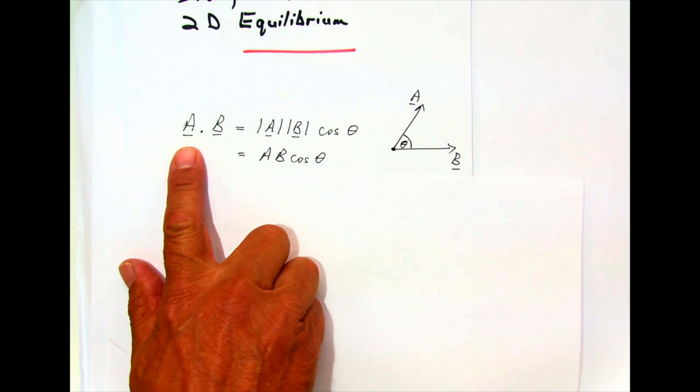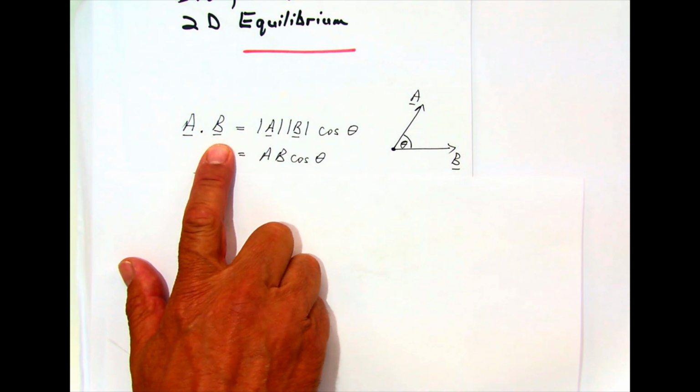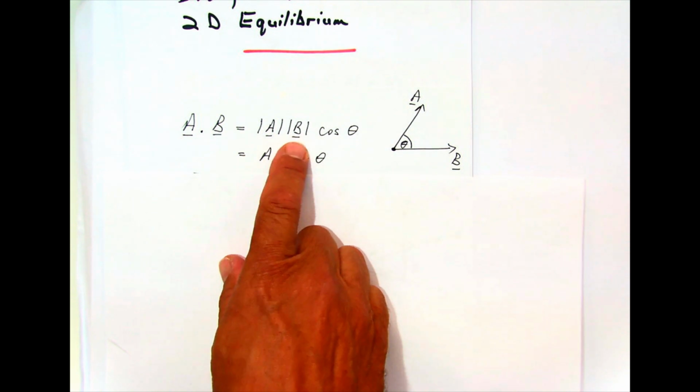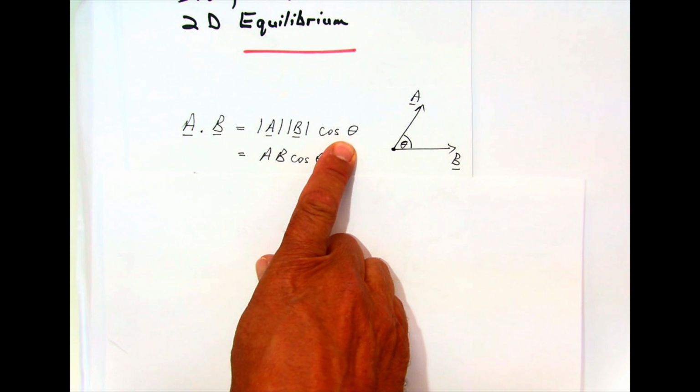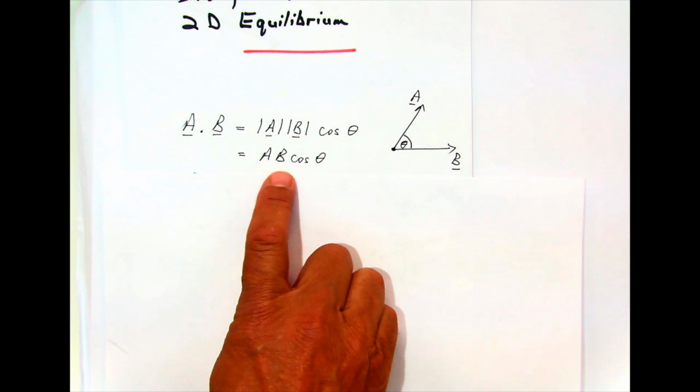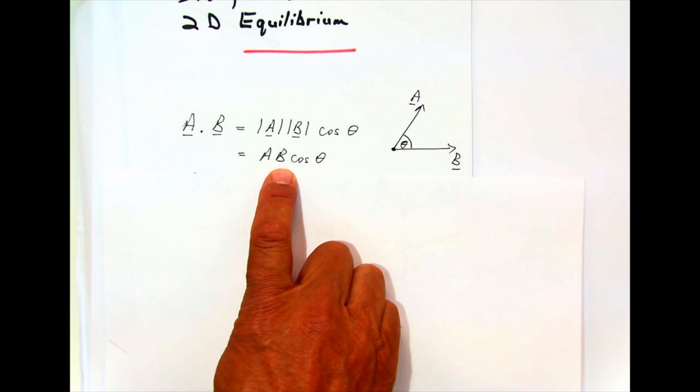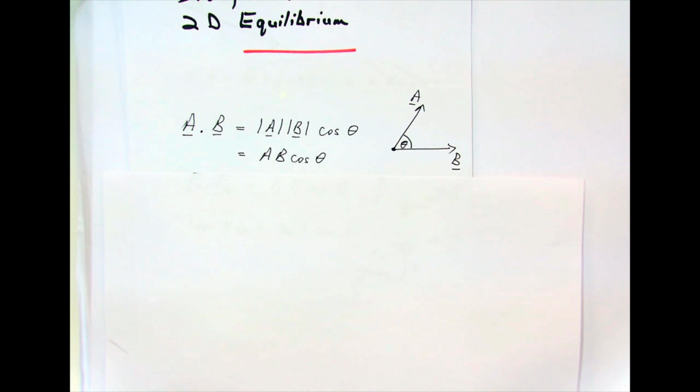Any vector A and any vector B: the magnitude of A, the magnitude of B, cos of the angle between the two. And you can also write it as AB, where AB is not a line.